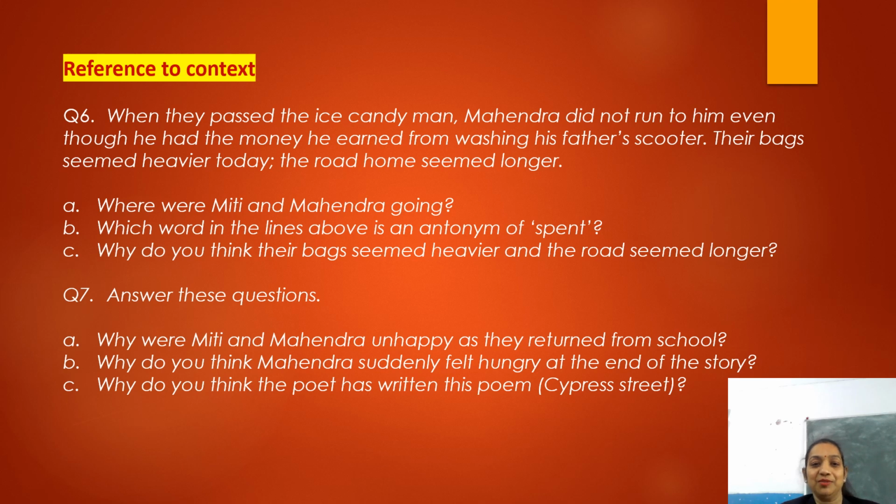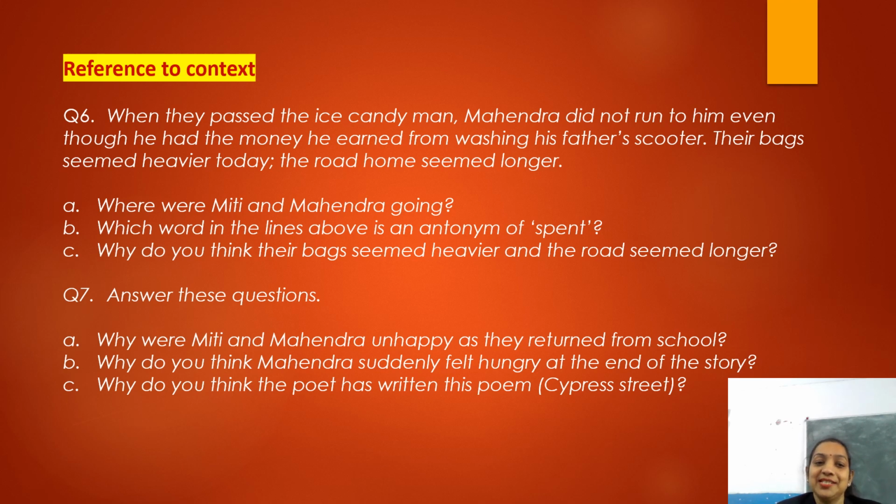Answer these questions. Okay? So first question, why were Mitty and Mahendra unhappy as they returned from school? Okay, so here you have to give the reason why they were unhappy, right? Next question, why do you think Mahendra suddenly felt hungry at the end of the story?